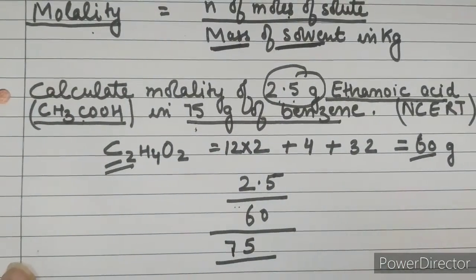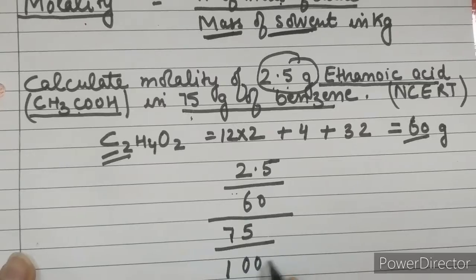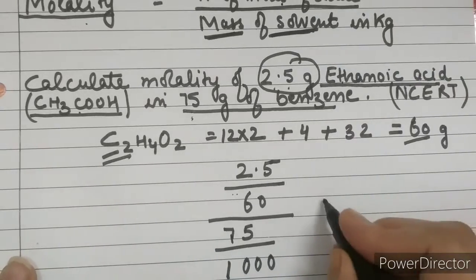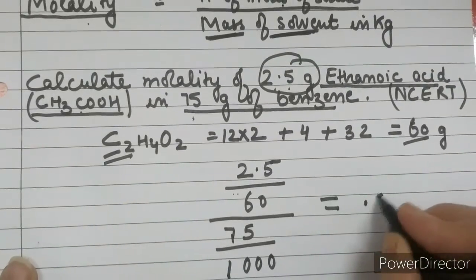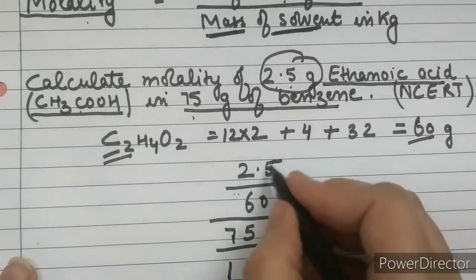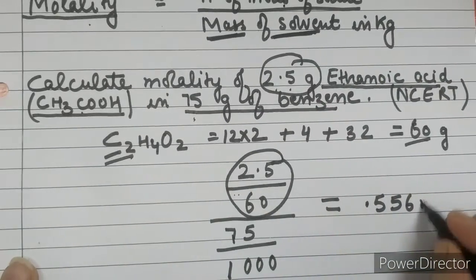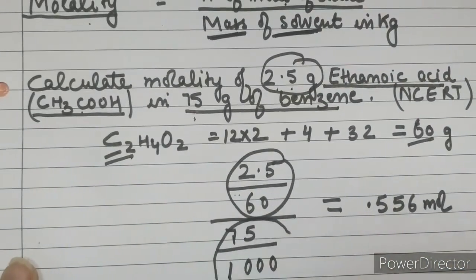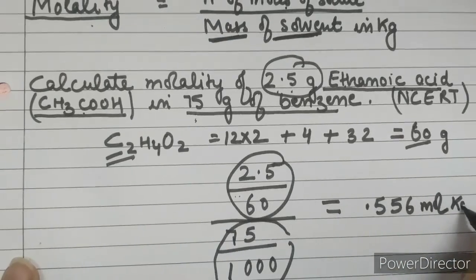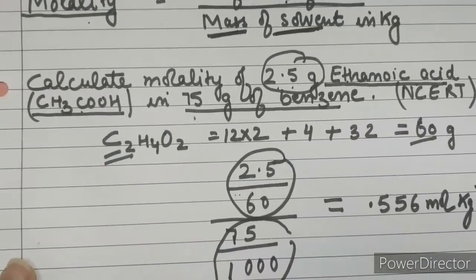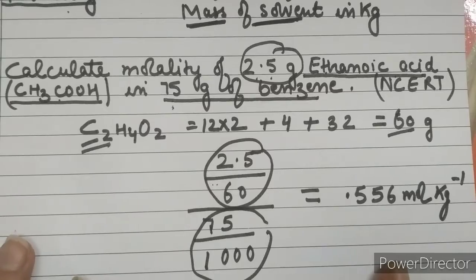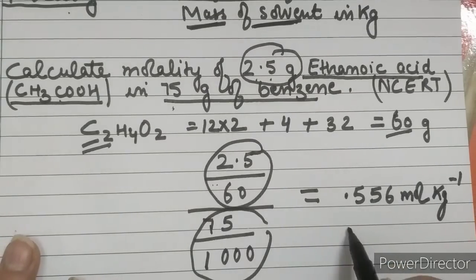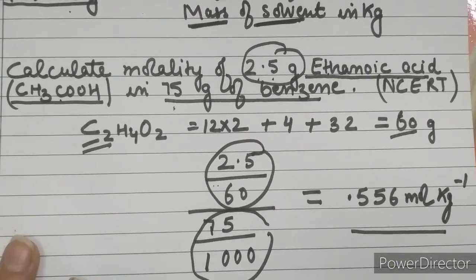So that is 75 divided by 1000. So when we solve this, it comes out to be 0.556. So this is number of moles, and this is mass in kg. So the answer will be 0.556 mole per kg. This is the molality of the solution.